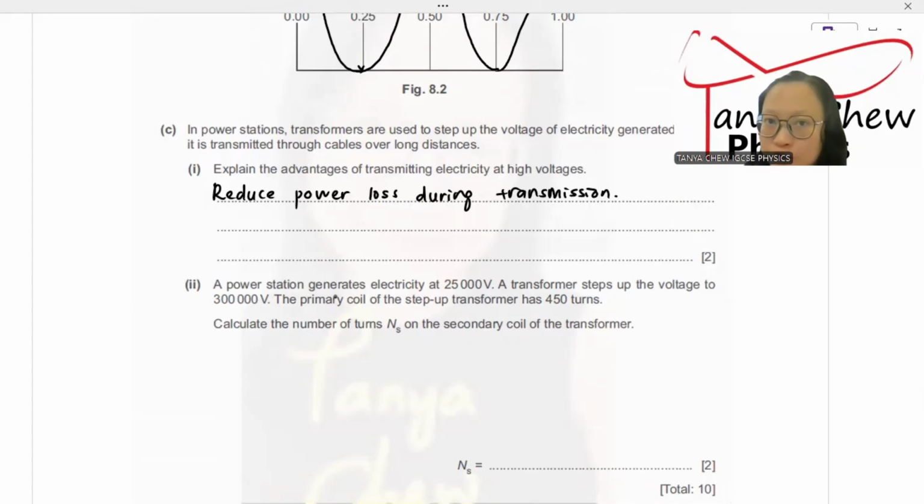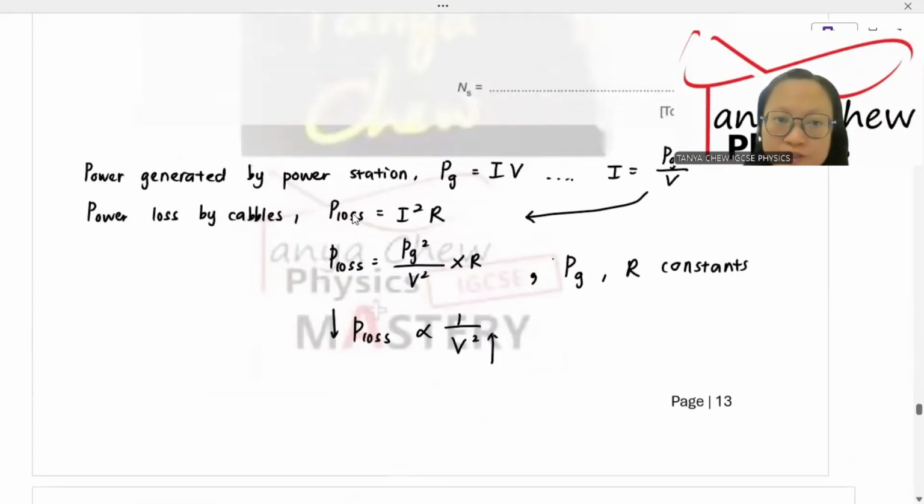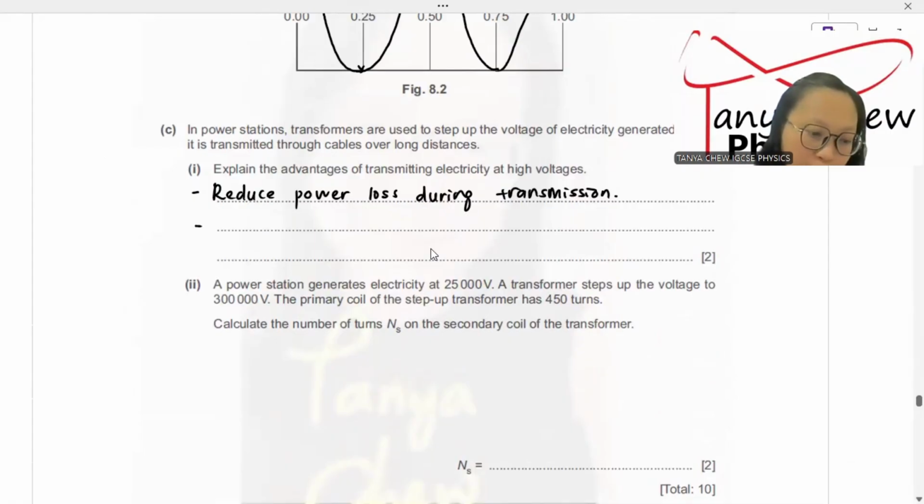And then advantages, that means you need to give more than one, right? When the power loss is being reduced, could you see the current is also reduced? Current reduced, so you can use thinner wire instead of using a very thick cable wire.